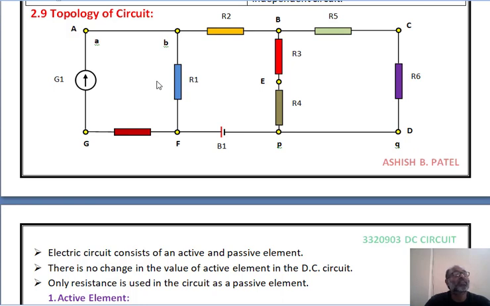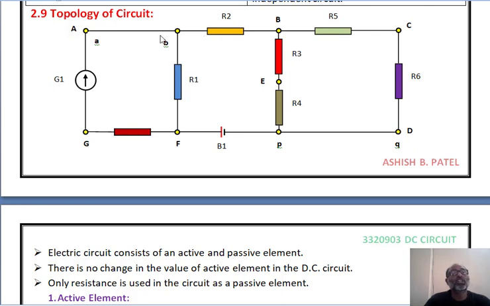When active elements and passive elements are connected to each other, or only passive elements are connected, a circuit is formed, which is called a network.